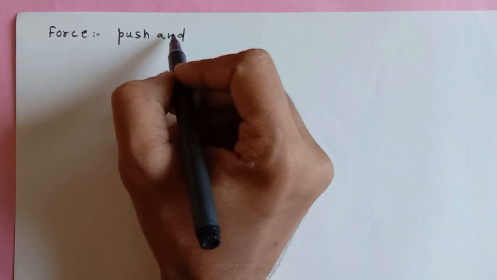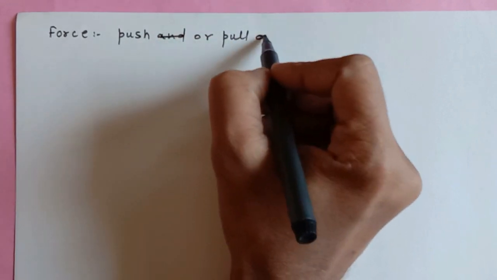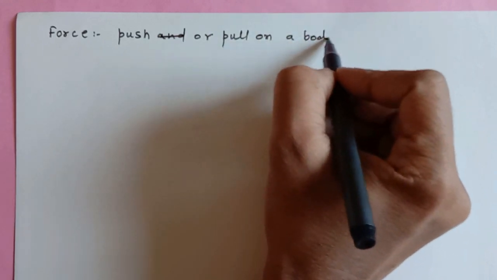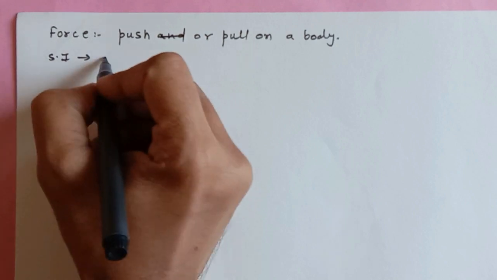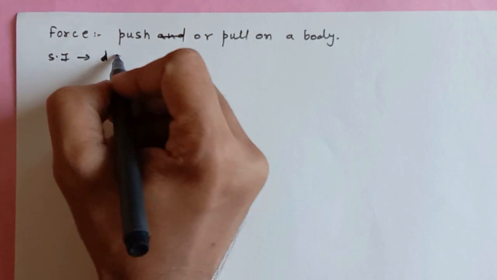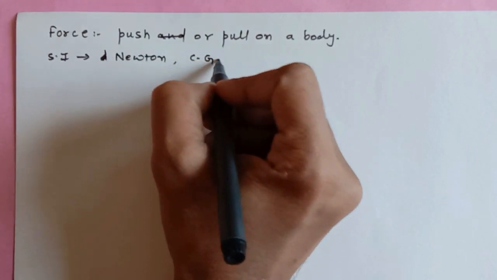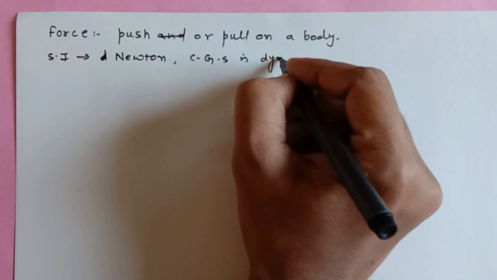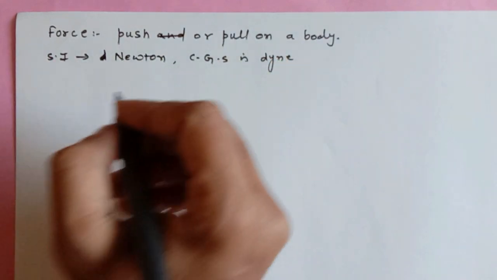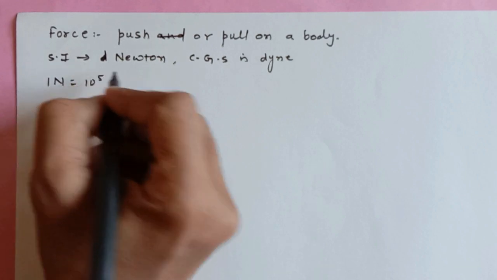Now, the SI unit of force is Newton, and the CGS unit is Dyne. Correct? And 1 Newton is equal to 10 to the power 5 Dyne.